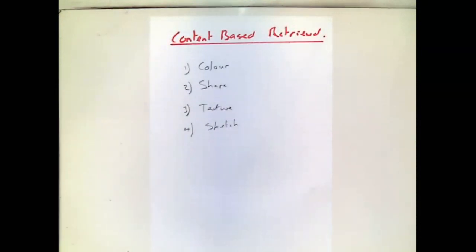Right, well, colour is the most successful. How can we search a database on colour? Well, take the colour image.